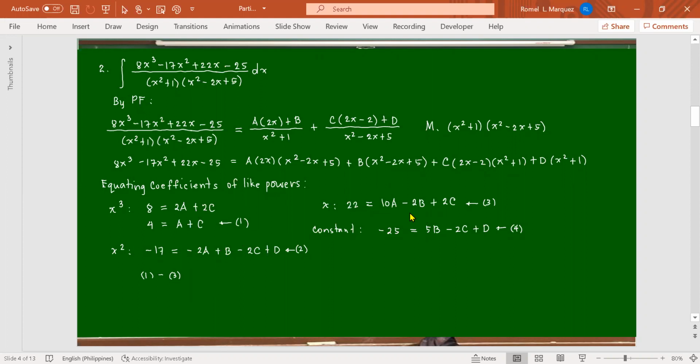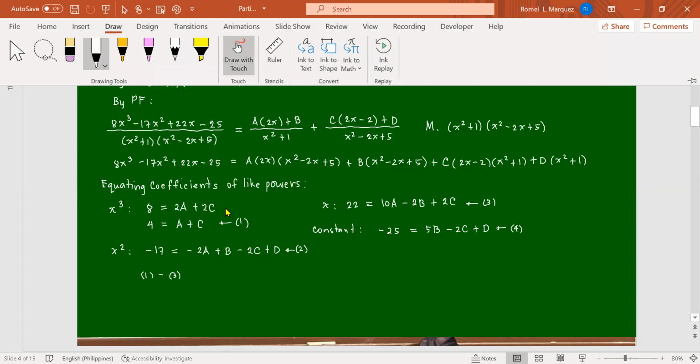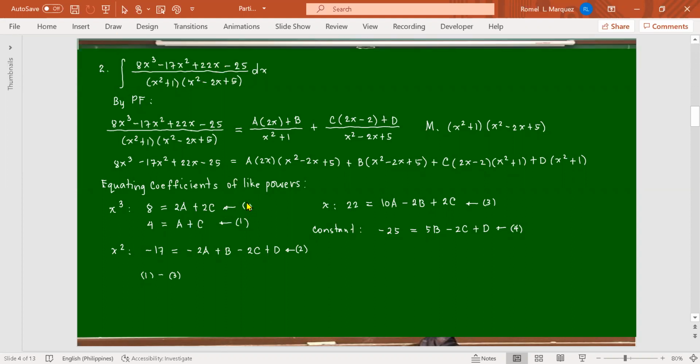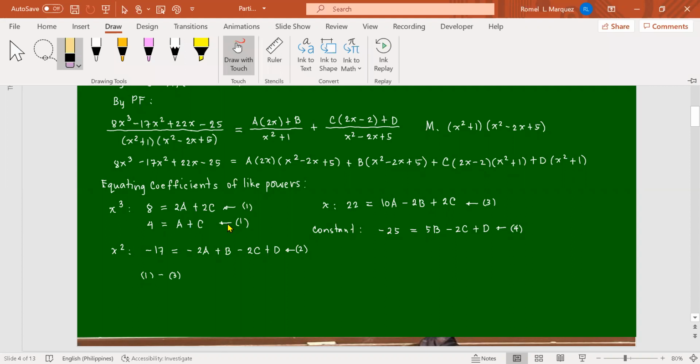We can easily eliminate 2c. So instead of using 4 equals a plus c, let's use this one as our equation 1, instead of the simplified one.